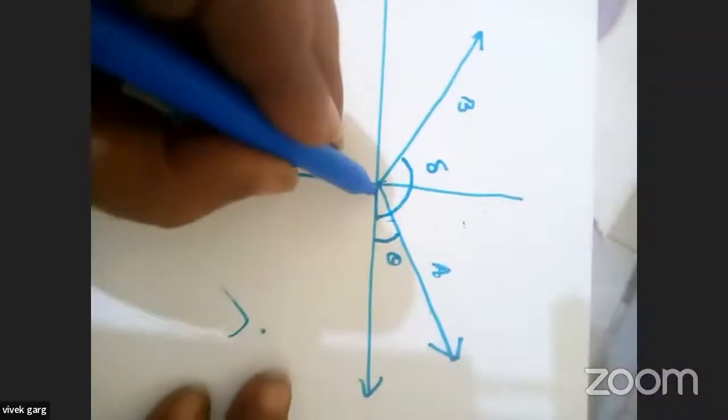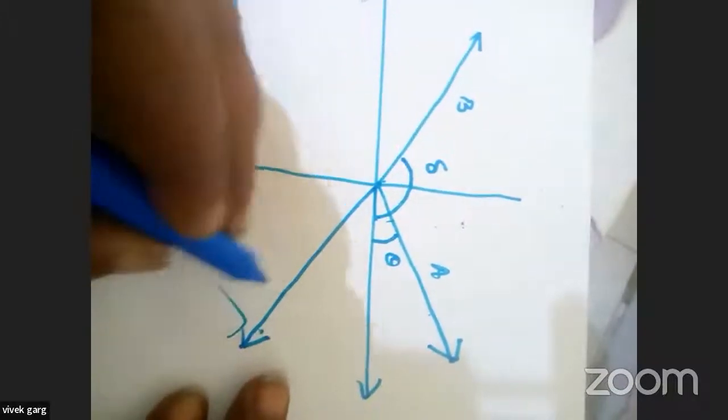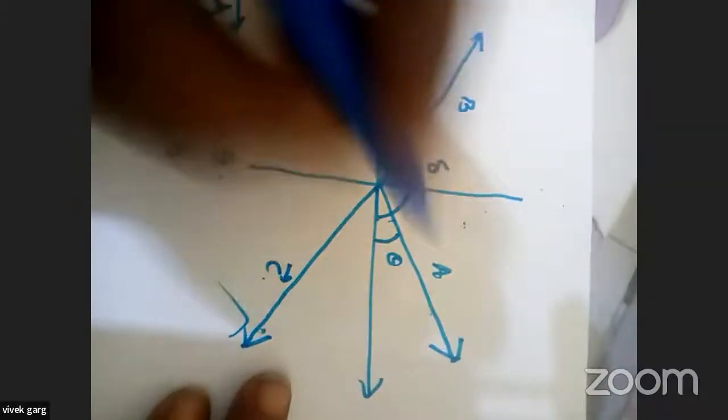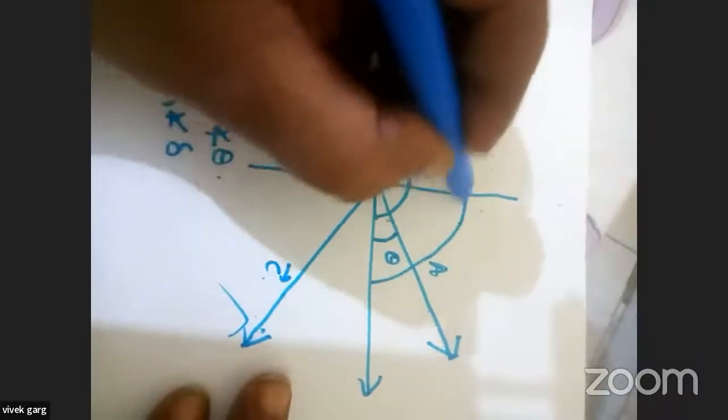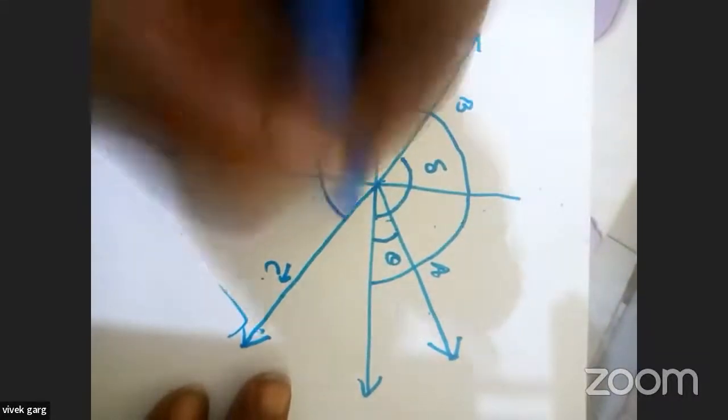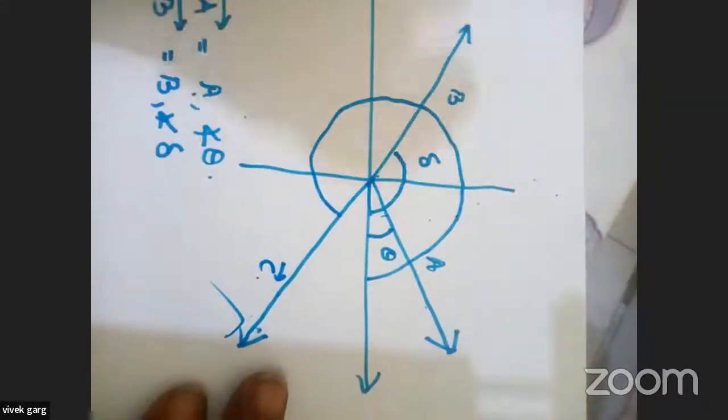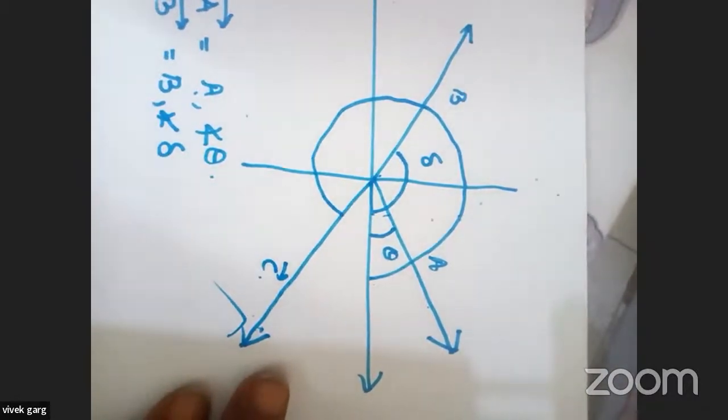Similarly, even if I use this vector C, I still have to take this entire angle. The angle must always be measured anti-clockwise.